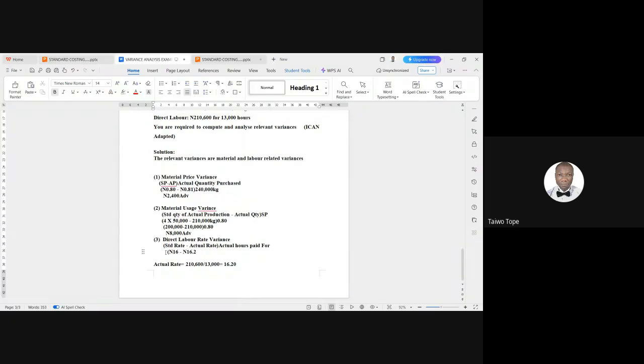So when you simplify, what will be your outcome? 2,600 adverse. Okay. So we now have it as 2,600 adverse. Any question about this?